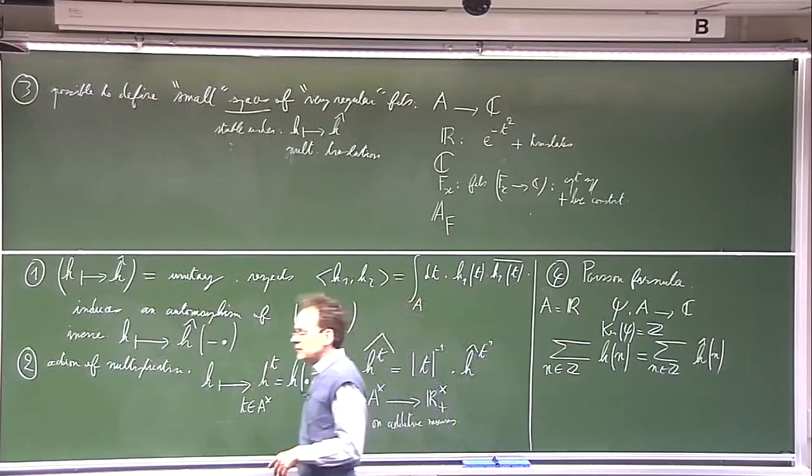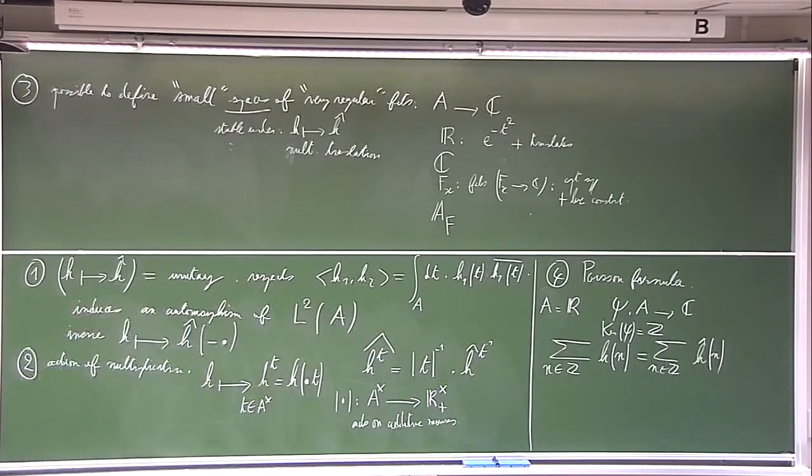Okay, so this means that we have a discrete linear functional defined on these spaces of very regular functions which are invariant under the Fourier transform.